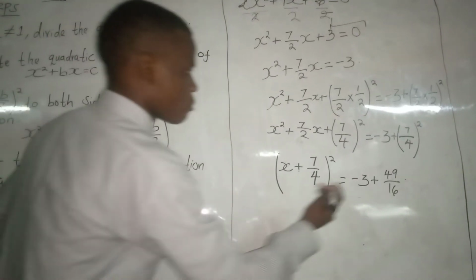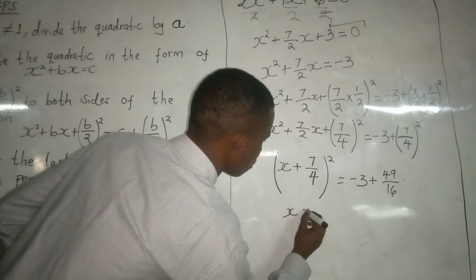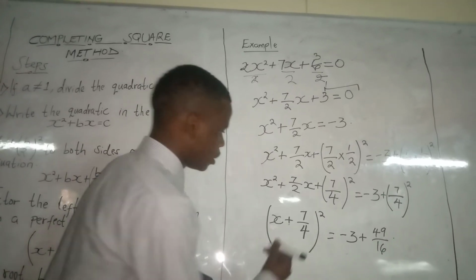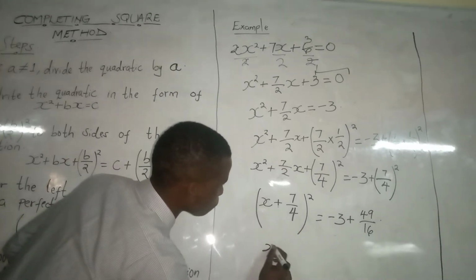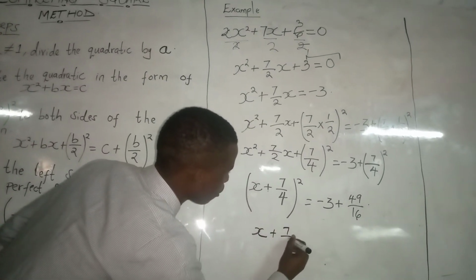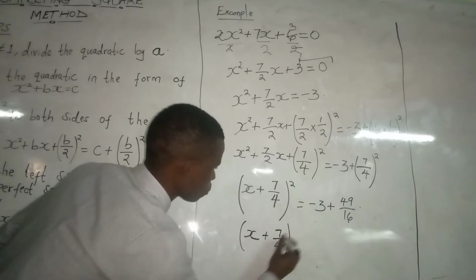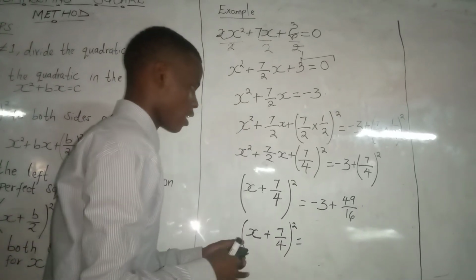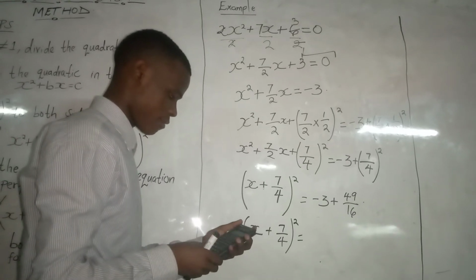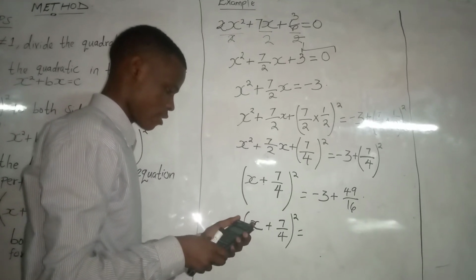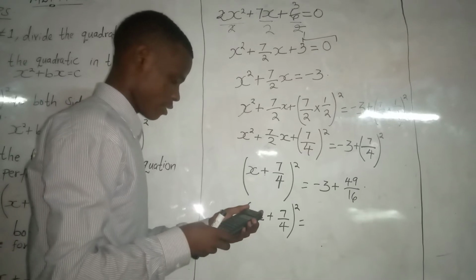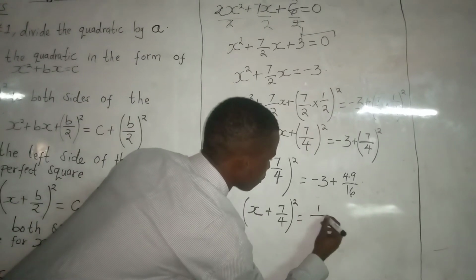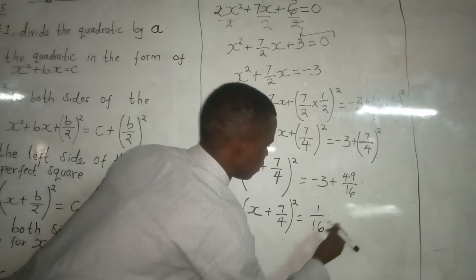So it will be (x plus 7 over 4) squared, then we add our constant: negative 3 plus 49 over 16. So our answer will be 1 over 16.